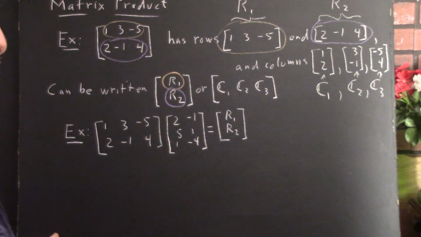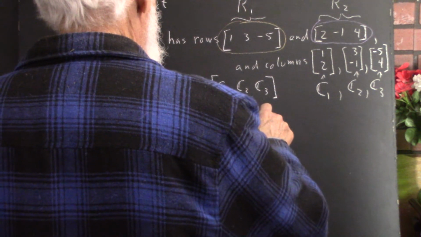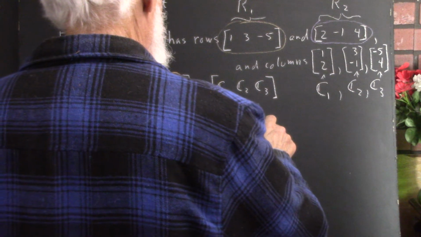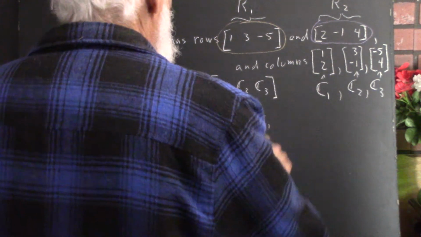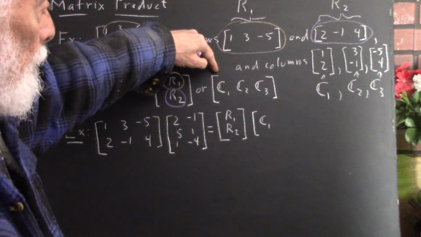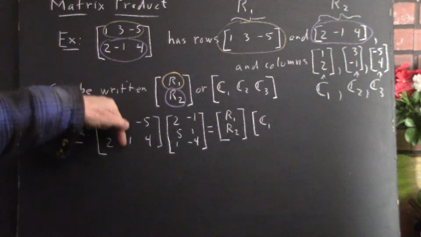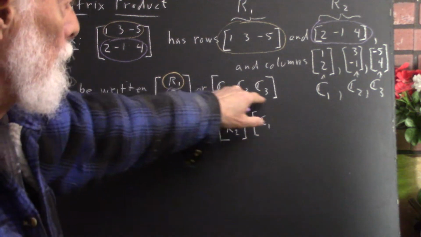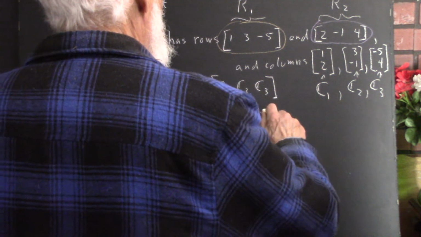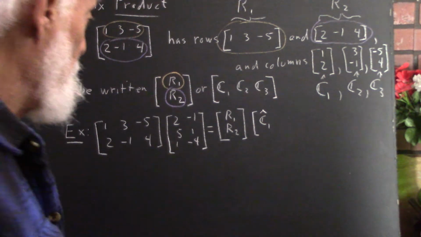Let's write the second matrix as column 1. Now I don't want to use the same notation I used here because we might confuse C1, C2, and C3 with the columns of the first matrix, and I want them to represent the columns of the second matrix. So I'm going to put a little hat on my column to show that this is a column of the second matrix.